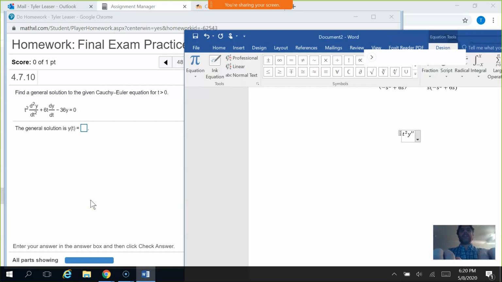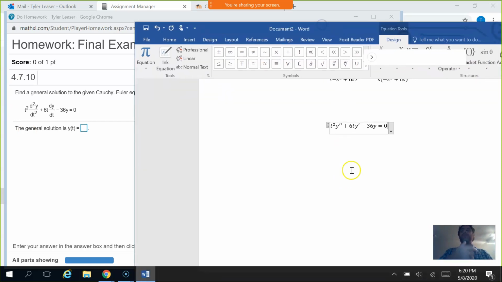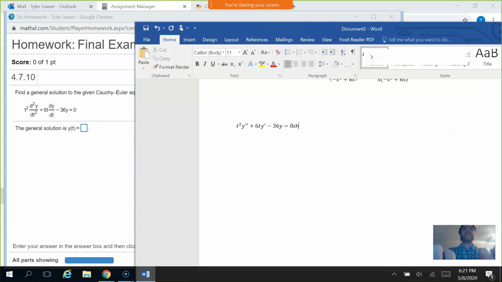So t squared y double prime plus 6ty prime minus 36y is equal to 0. If you have equidimensional, which means you have a t squared on the second derivative, a linear t on the first derivative, and just a constant on the function itself, remember that what you want to do here is use something called the characteristic equation.